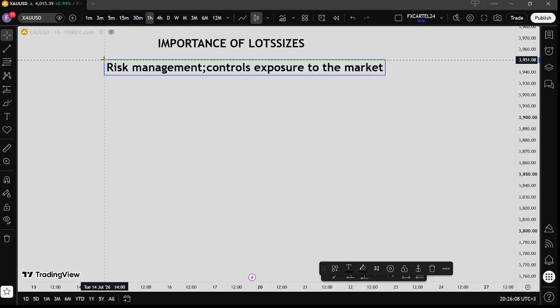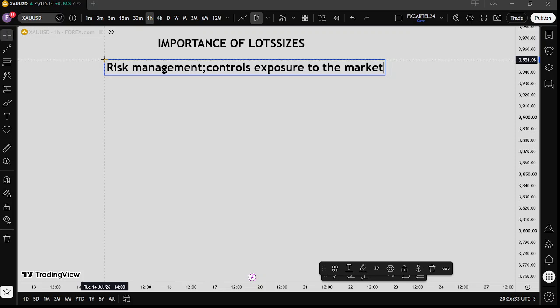You're not risking the whole account. You're picking a portion of your account. Okay, say on a certain asset you're willing to risk $20. For you have put $100, but on an asset you're willing maybe to lose $20.